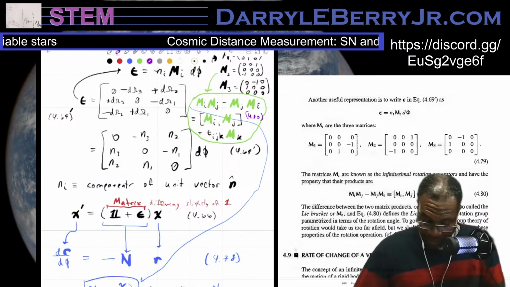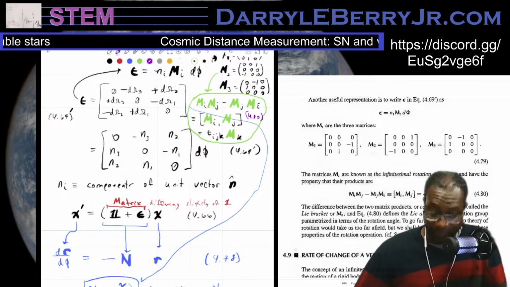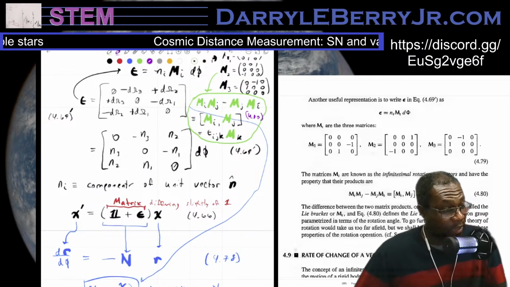So the commutation operator is epsilon_ijk M_k.